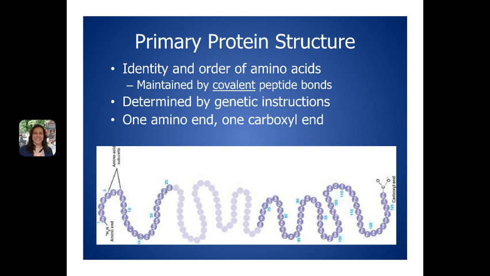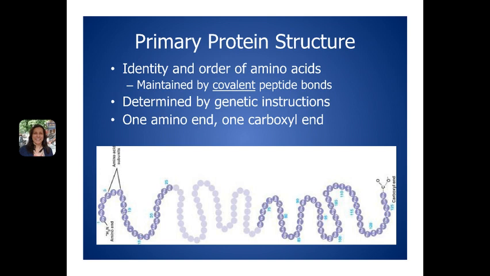Primary protein structure is determined by the instructions in the DNA. The DNA is transcribed to messenger RNA, and the messenger RNA is translated to protein. So the order of the amino acids is determined by the order of nucleotides in DNA and in RNA.